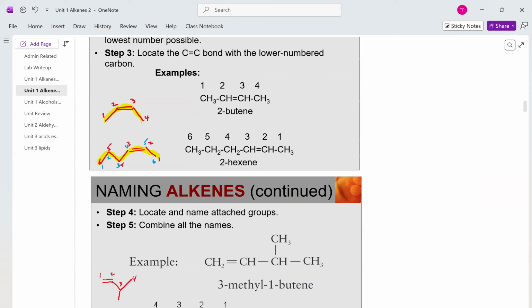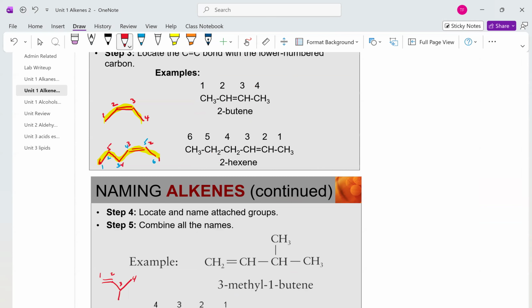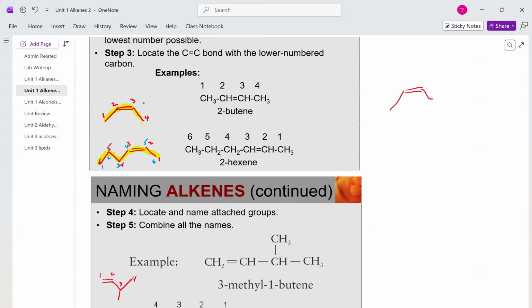Also notice that there's 2 ways to draw this butene up here. It's like this and like this. So this would be cis-butene. This would be trans-butene.